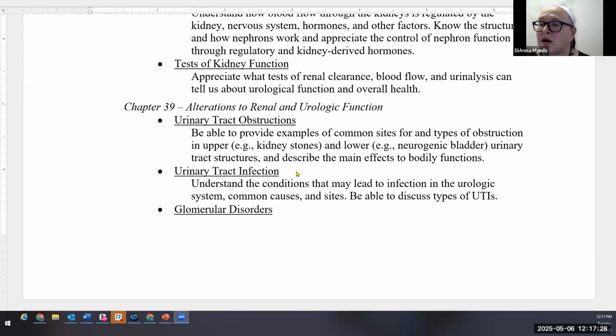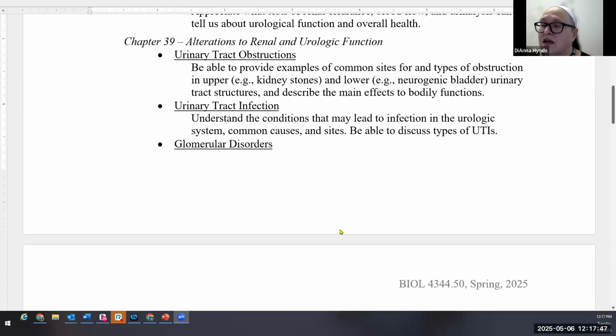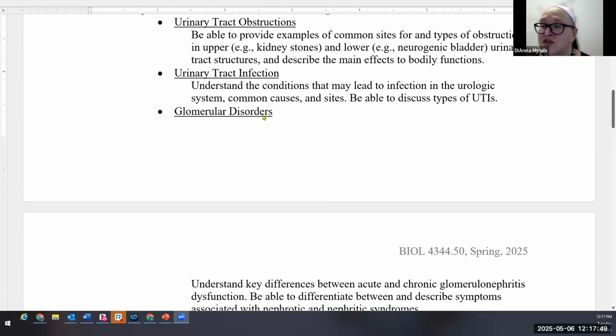So things that could affect the flow of urine are urinary tract obstructions. We also talked a little bit about urinary tract infections. So how do UTIs affect the urologic system, and what are they indicative of? And then finally, kidney disorders themselves.